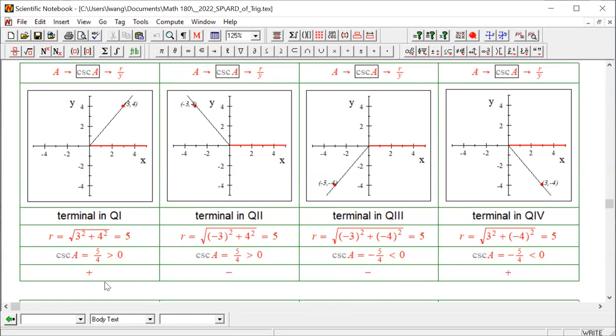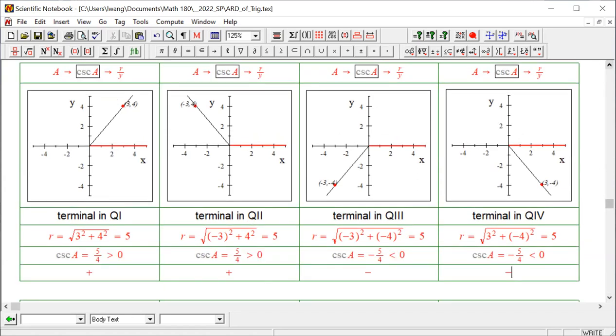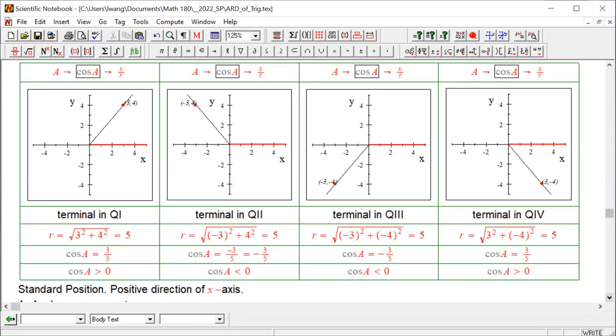Oh, wait, sorry, this is cosecant, so this is positive, negative, negative. My bad, I was looking at the wrong table. Cosine, which is right next to secant: there's my cosine. So this is positive, negative, negative, positive.